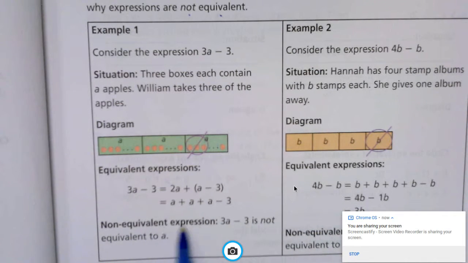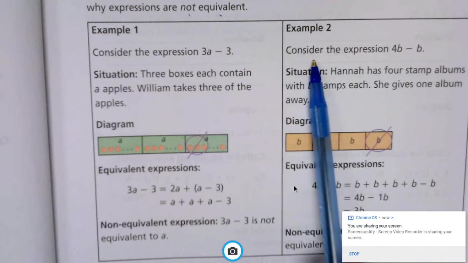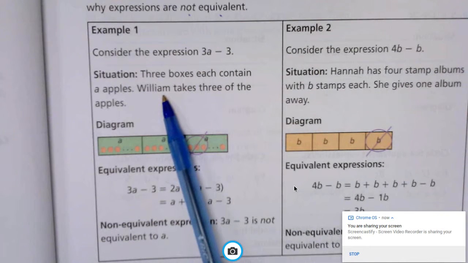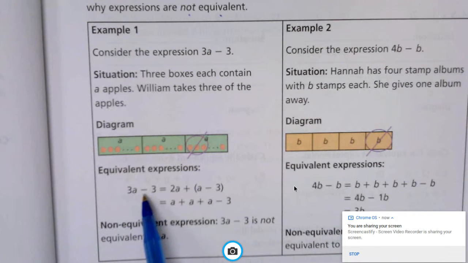Here's what's not equivalent: 3a minus 3 is not equivalent to a. Actually, if you go back to example 1, it says to discuss how all the expressions mean 3a minus 3.